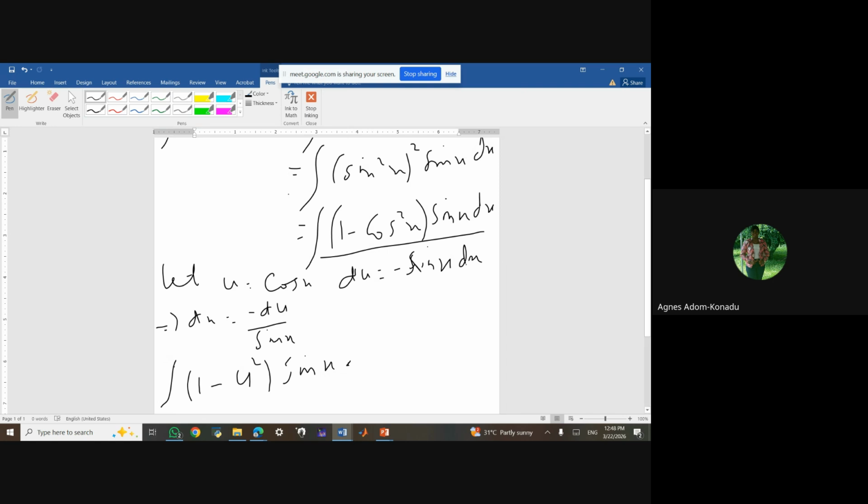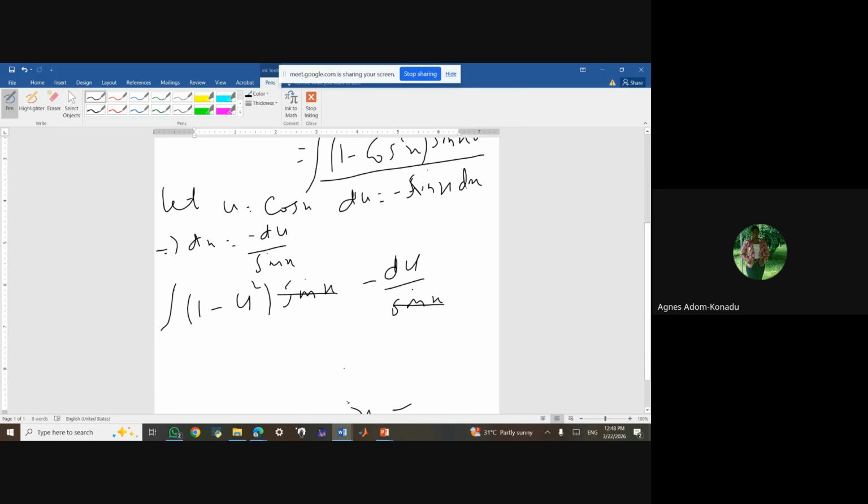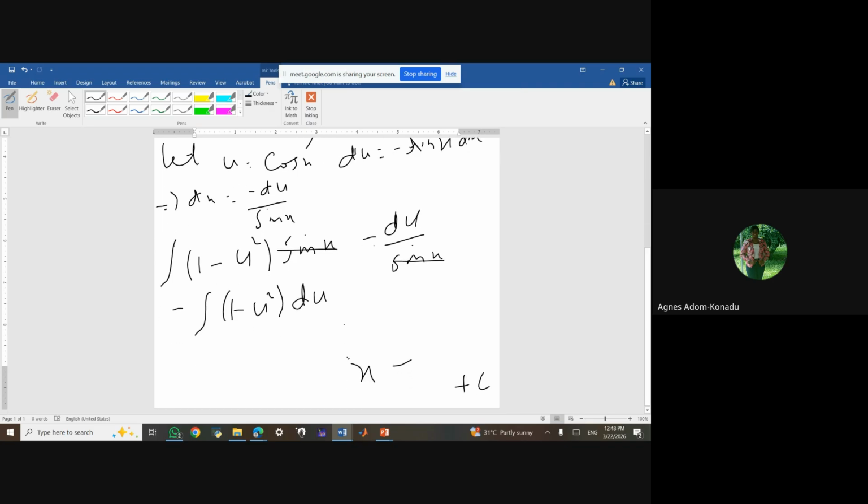Then my dx is now negative du over sine x. Because I know something can cancel the sine x, that's why I didn't touch the sine x. So this can go with this. Then I'll have negative integral of 1 minus u squared all squared du. The negative has come here, which is the same as u squared minus 1. Then I can start integrating.